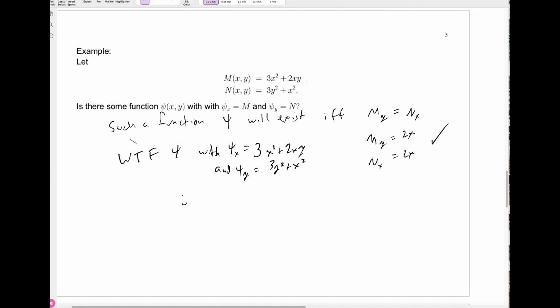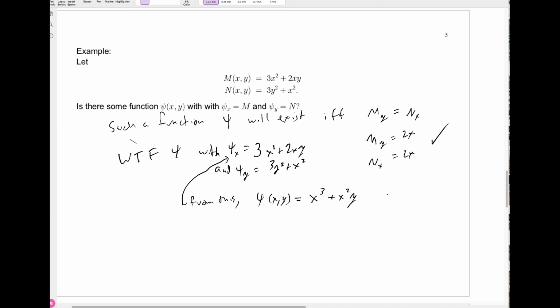Well, c of xy is just what you get when you integrate this with respect to x. The first term when you integrate with respect to x is just x cubed. The second term when you integrate just with respect to x, holding y constant, is just x squared y.